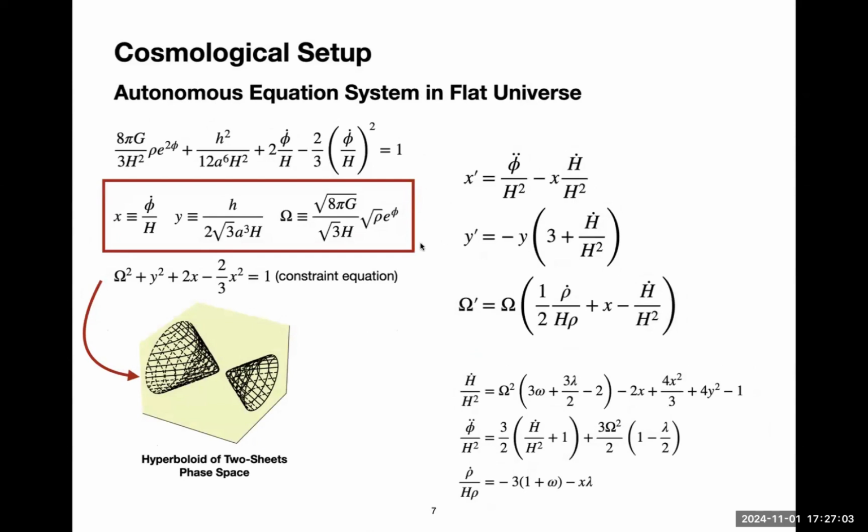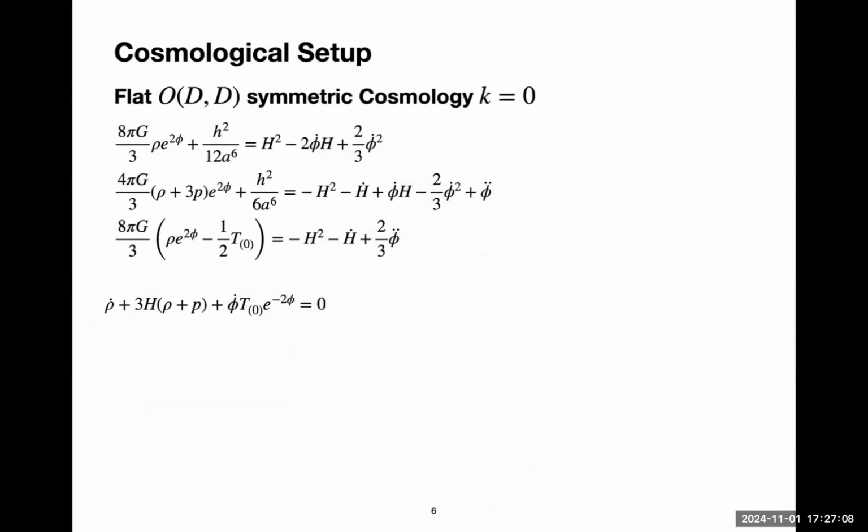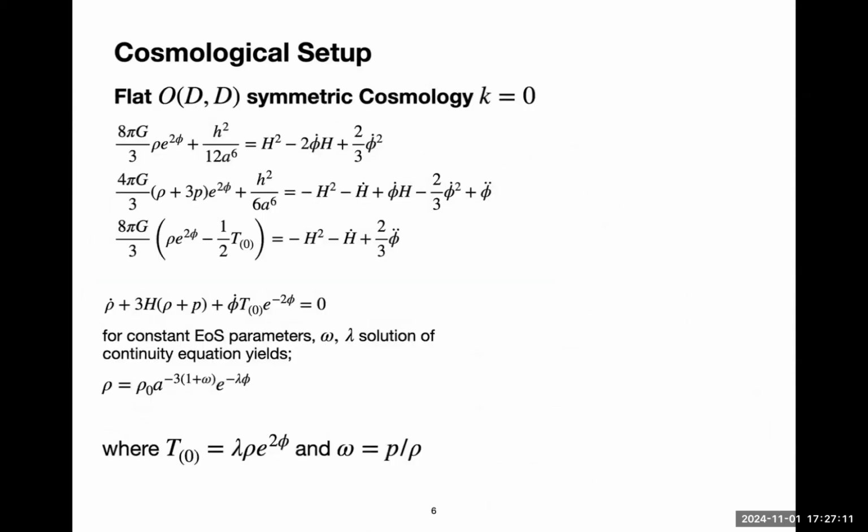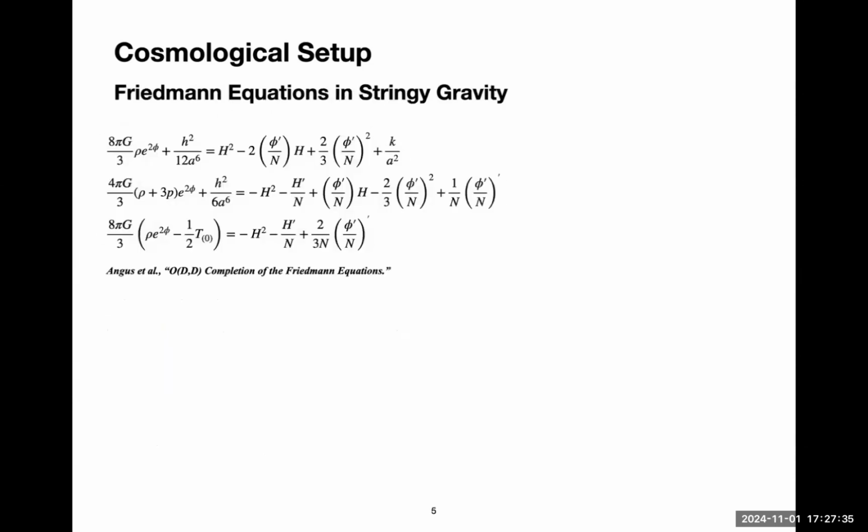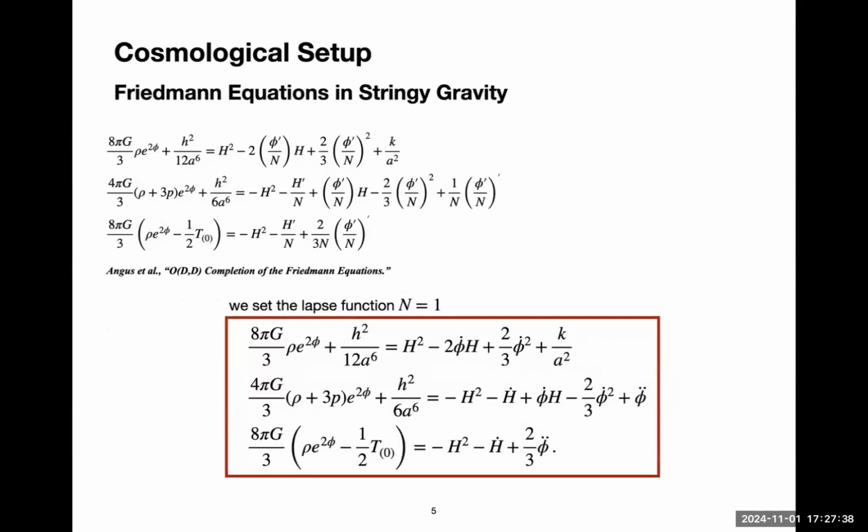When you take the full model and then you want to get some autonomous equation, the simplifications that you did were required to make the equations autonomous, or the equations would be autonomous also in the full case? To my knowledge, this is the full case. The only simplification that we did was set the lapse function to 1.